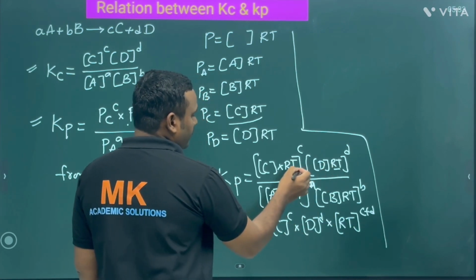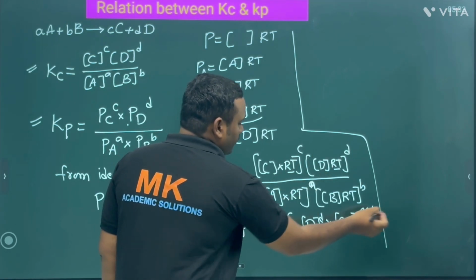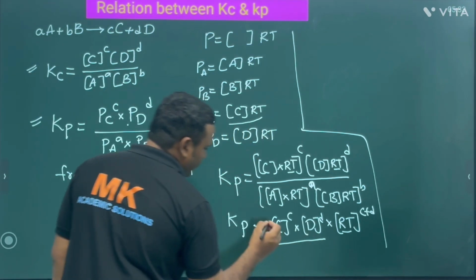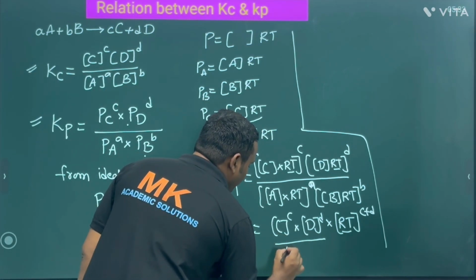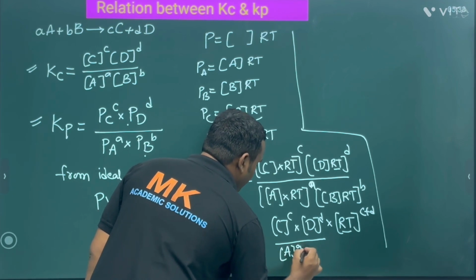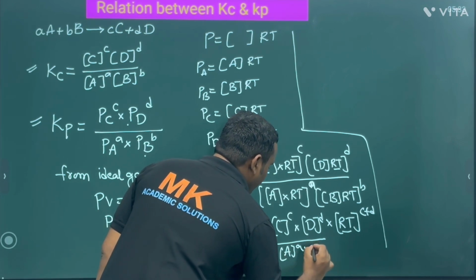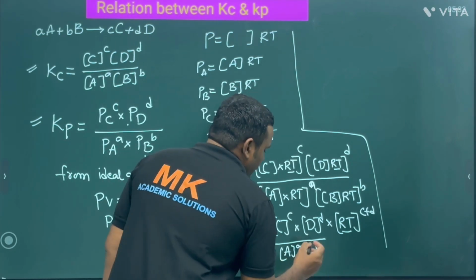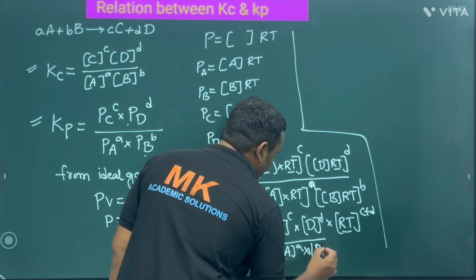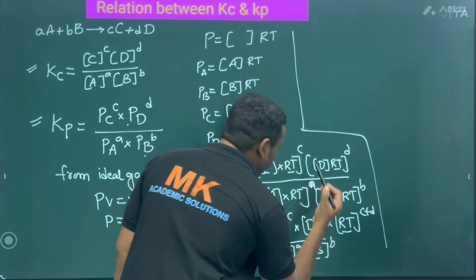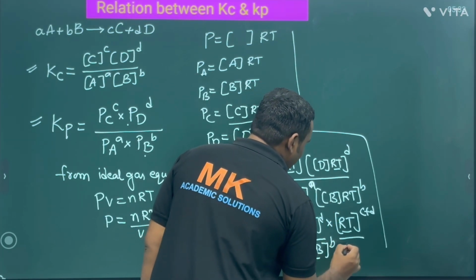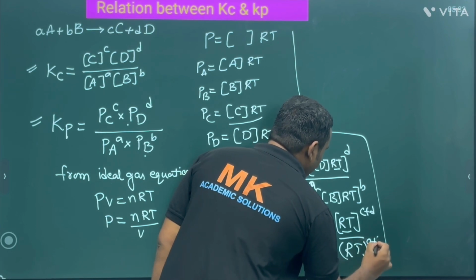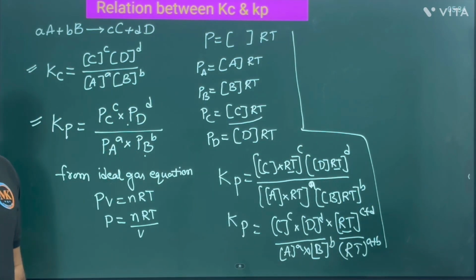If bases are the same, powers must be added. So RT to the power c plus d, divided by, in the same manner, the concentration of A to the power a into the concentration of B to the power b, by RT to the power a plus b.